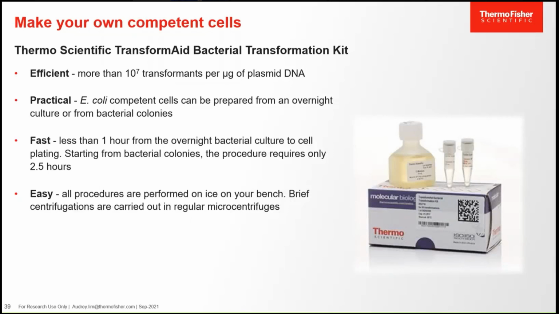It will allow you to make competent cells on your own using a simple kit with a fast protocol. It takes only 1 hour from overnight bacterial culture to cell plating and just 2.5 hours from bacterial cloning. With Transform8, you can expect better efficiency than traditional homebrew methods, with more than 10^7 transformants per microgram of plasmid DNA.